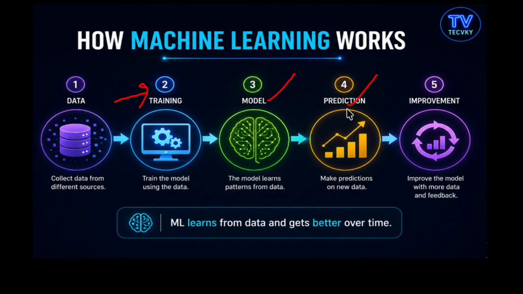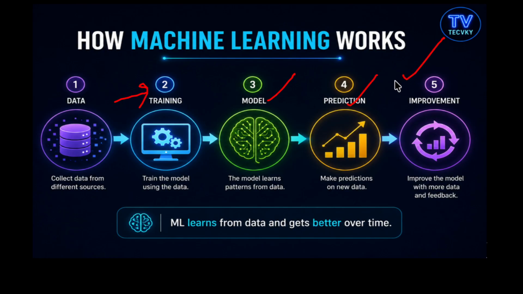For example, it can classify emails as spam, recommend movies, predict sales, or detect fraud. As new data becomes available over time, the model can be retrained and improved, allowing it to become more accurate and effective. So the ability to learn from data, improve with experience, and make predictions is what makes machine learning so powerful.